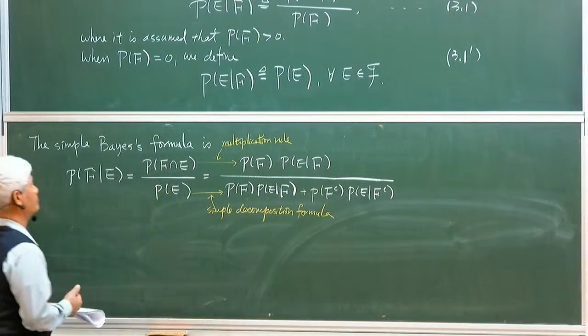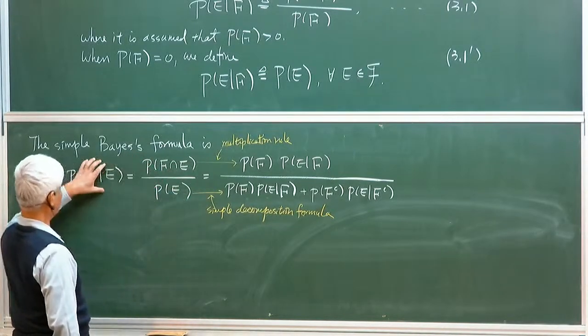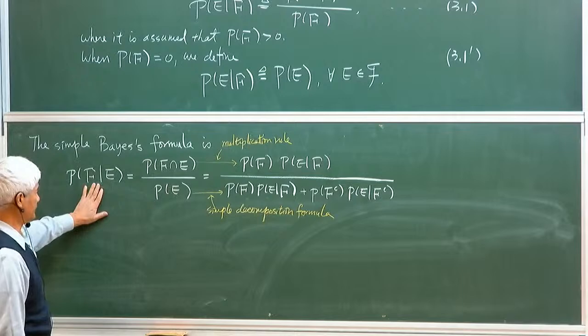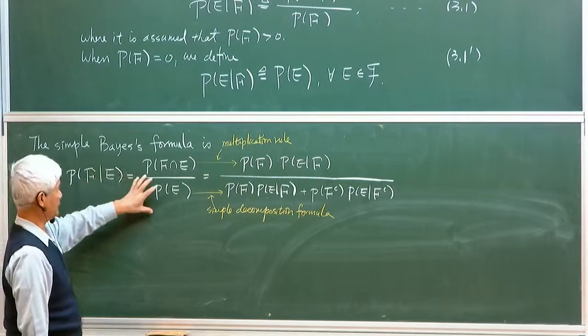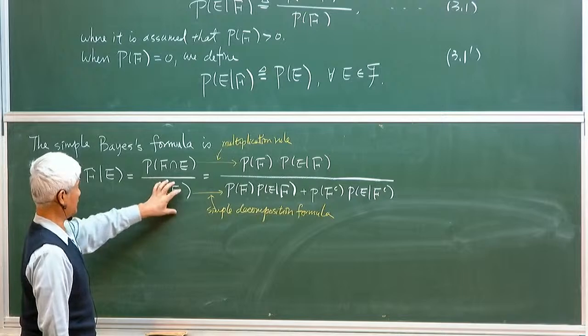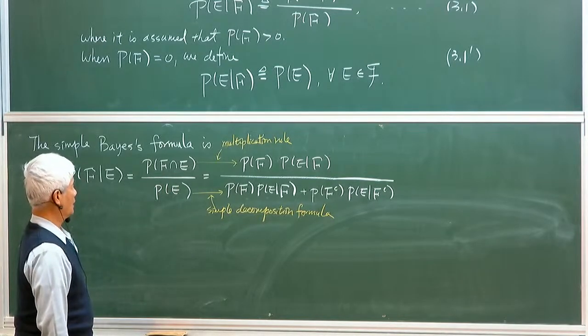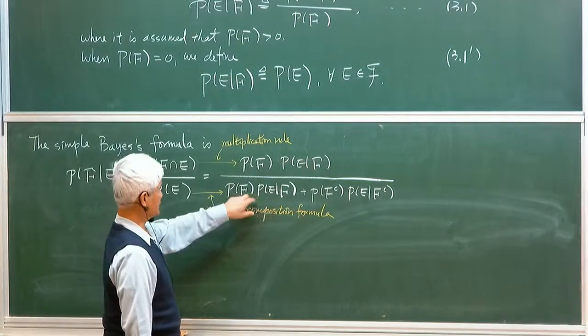The reason is that to compute this conditional probability, we find that the computation of the denominator P of E is a little bit difficult. Then we can apply the simple decomposition formula.